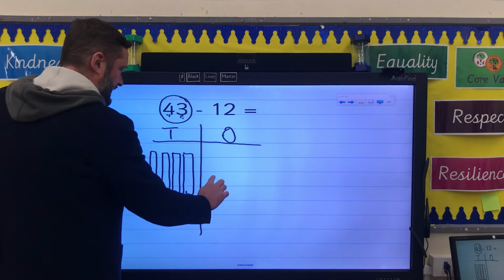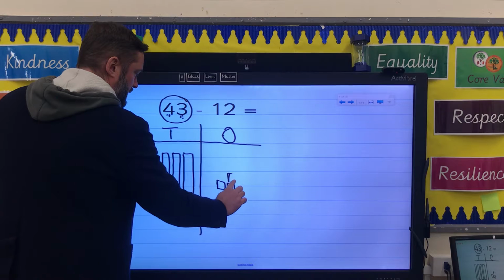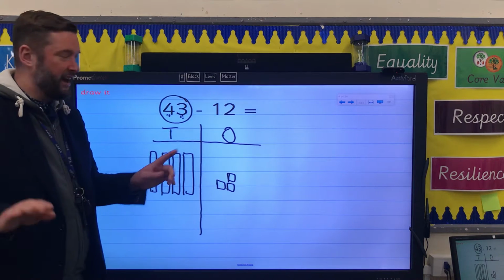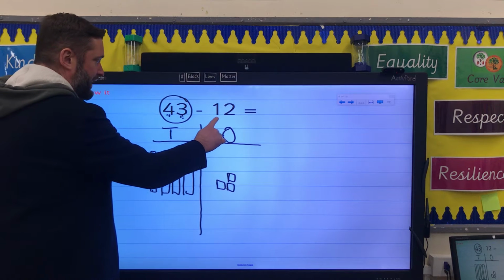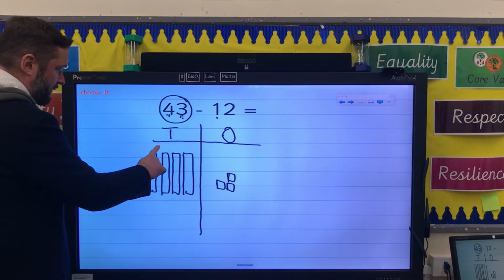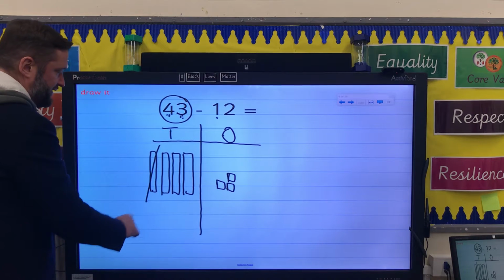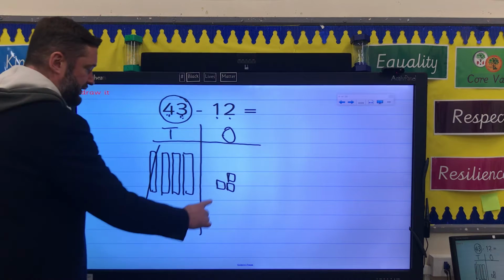That's right, 3. Okay? I don't make the second number, do I? I subtract, and I'm going to subtract 10 and 2. I'm going to take it away from the left, and I'm going to cross out 10.